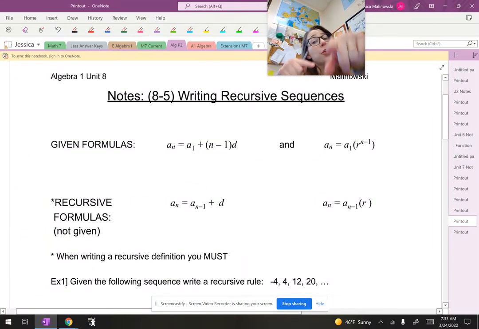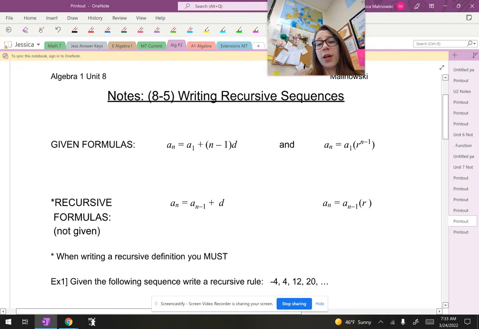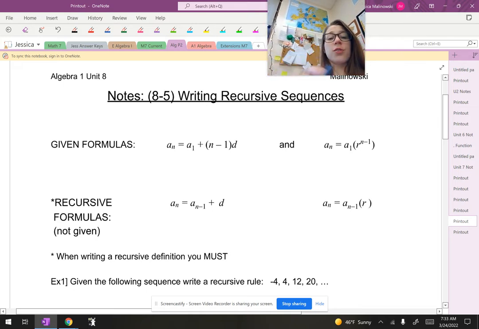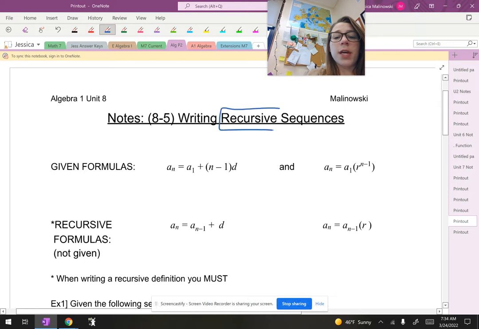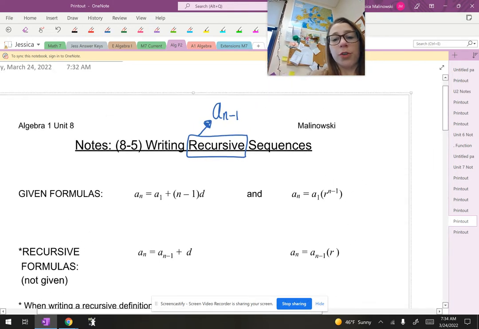Algebra Notes 8-5 here, writing recursive sequences. So, previous lesson, we talked about evaluating recursive sequences. And the big thing was that the word recursive means that you're using that a sub n minus 1, because that a sub n minus 1 is that previous term. That's basically what recursive is.